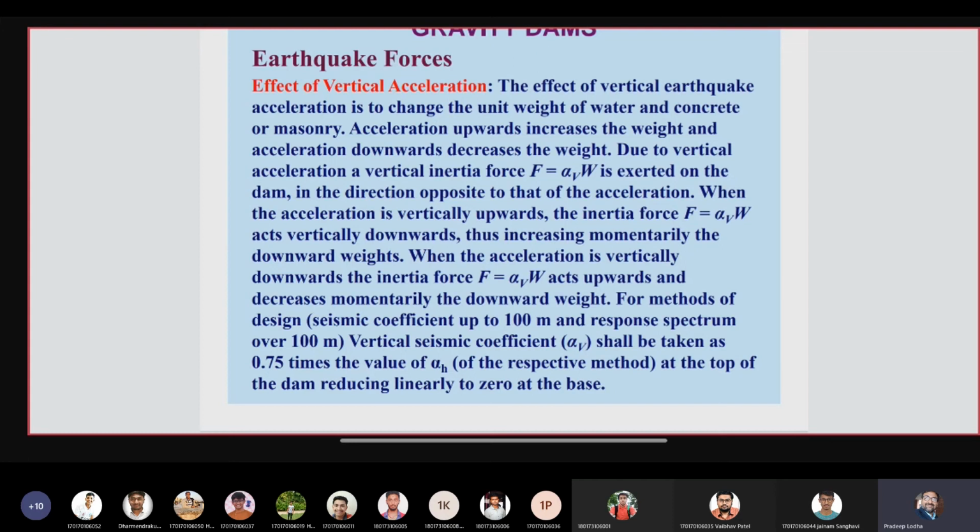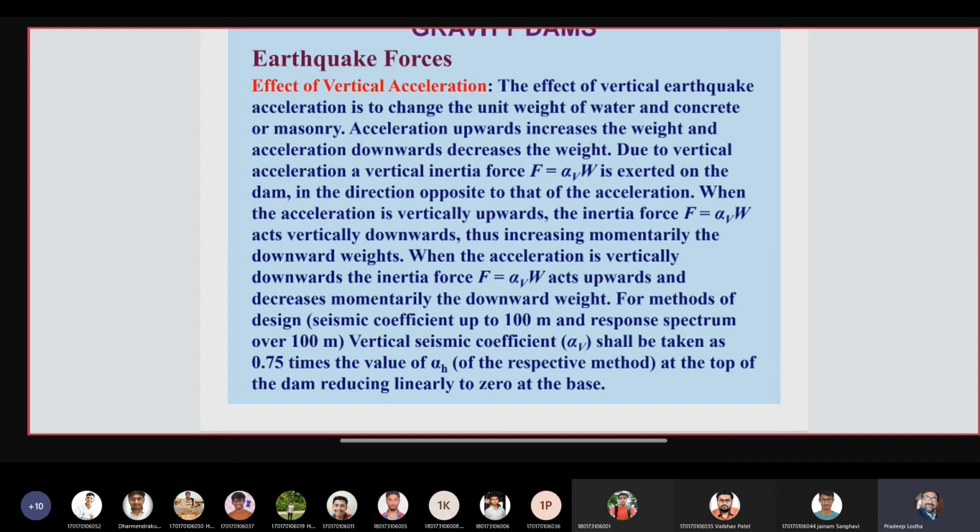Acceleration upward increases the weight, because inertia would push them down, and acceleration downward decreases the weight. So the worst combination is when the acceleration is towards the center of the earth, that is detrimental.